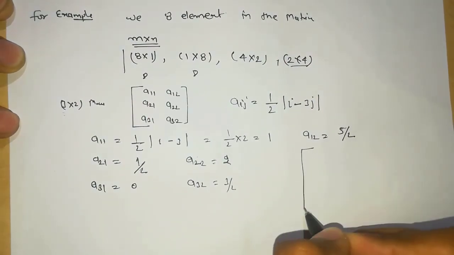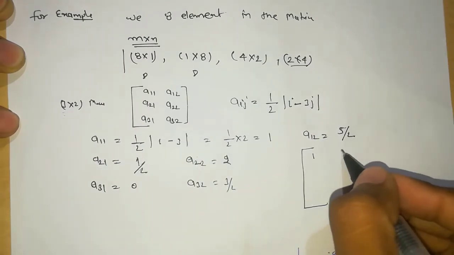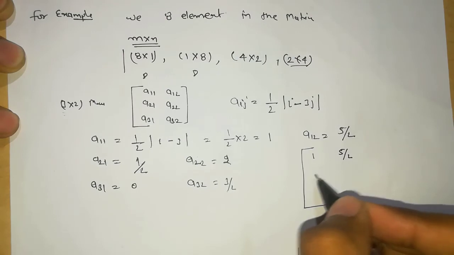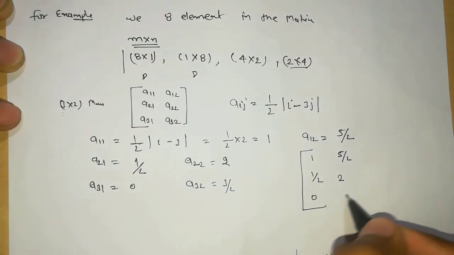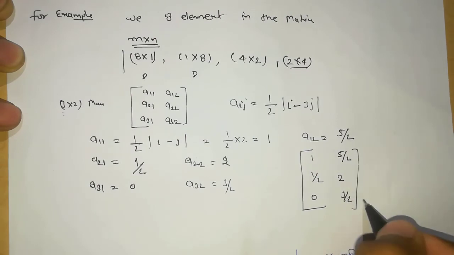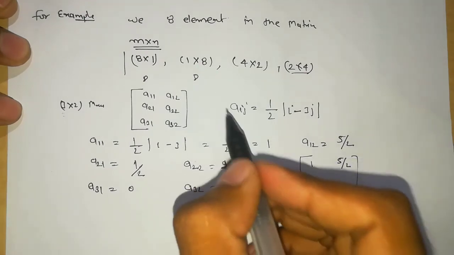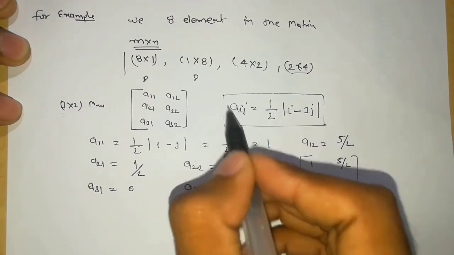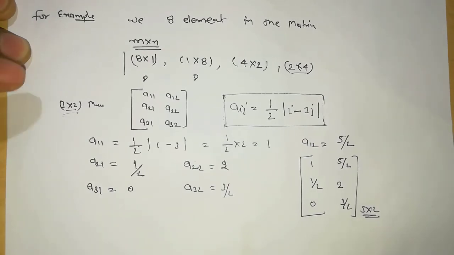Then we construct the matrix: A11 is 1, A12 is 5/2, A21 is 1/2, A22 is 2, A31 is 0 and A32 is 3/2. The matrix is of order 3 cross 2. So here we found, by the function, a matrix of order 3 by 2.